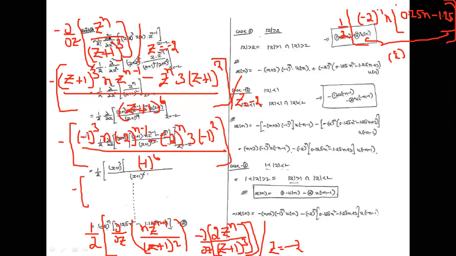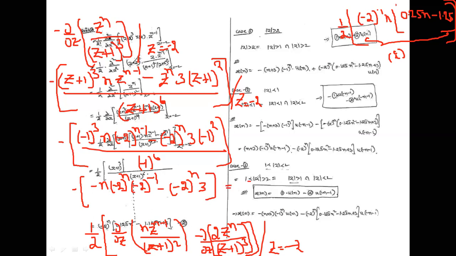Minus of minus 1 whole cube becomes minus n into (minus 2) whole power n minus 1, and minus (minus 2) whole power n, and 3 into a square, which is a positive value, divided by 1. This minus you can multiply with the two functions, and all of it becomes a positive value.